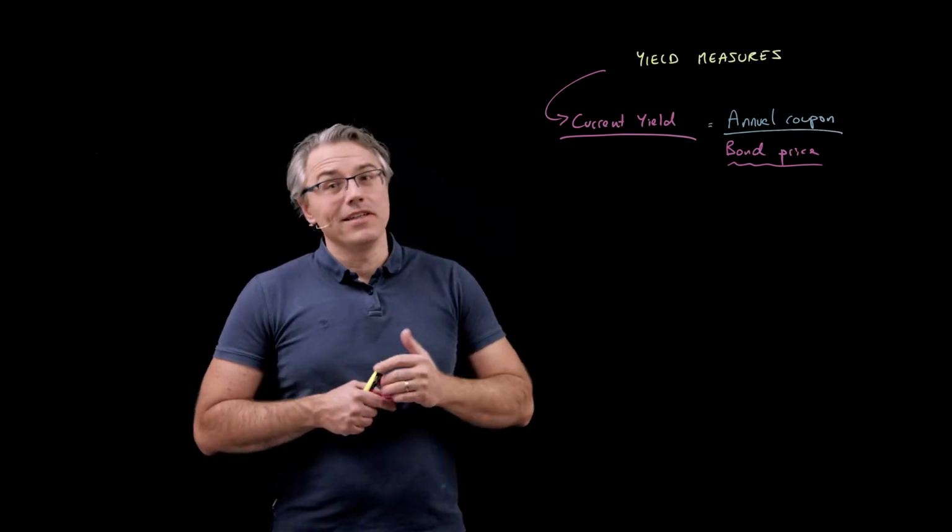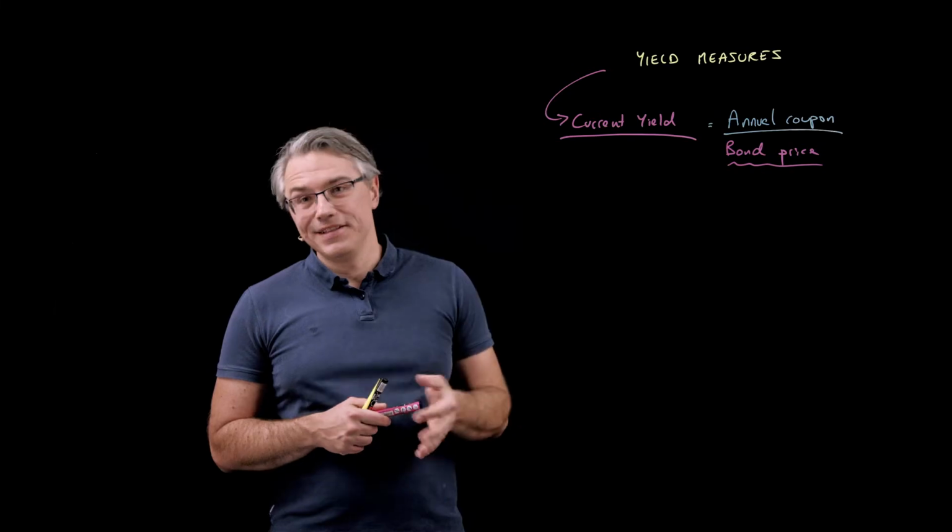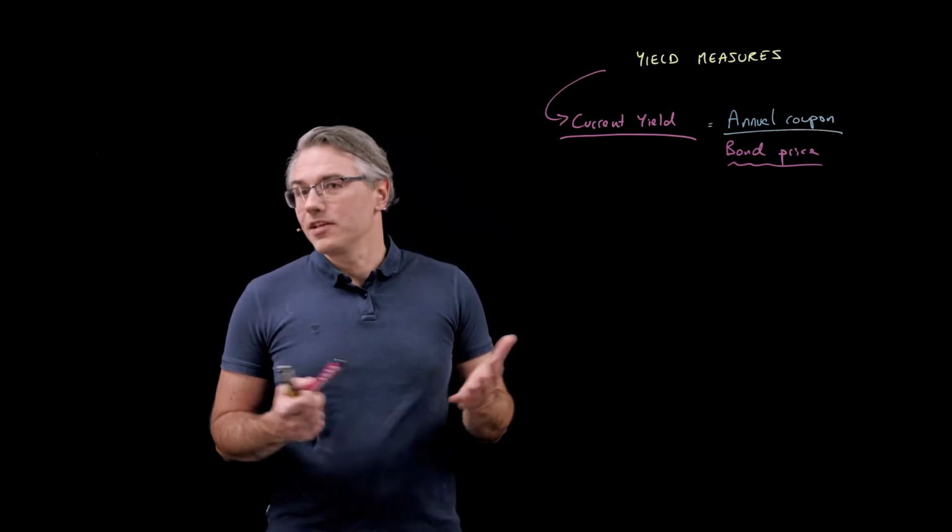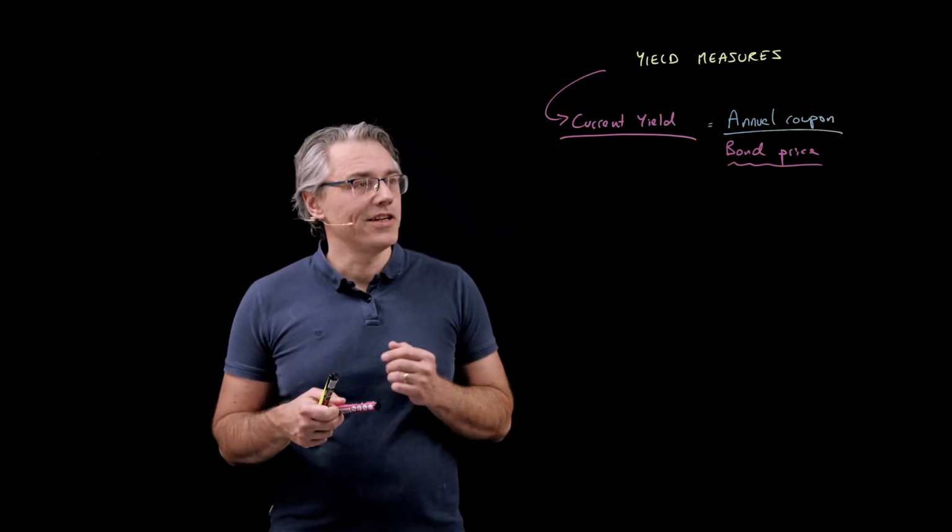And obviously, if the bond price goes up, the yield or the current yield on the bond decreases as you would expect with any rate of return on an investment.